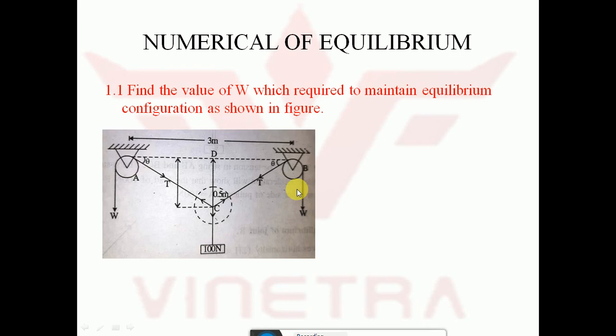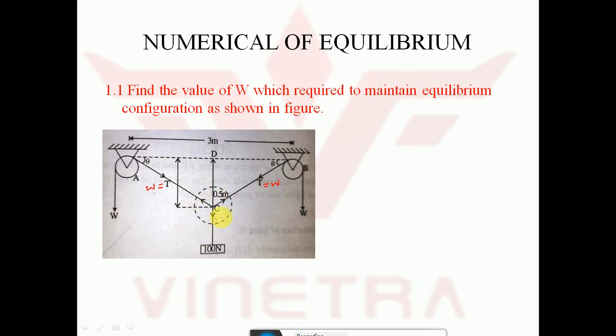That is the point explained in the earlier classes, so I can use that trick to solve this problem easily. Whatever the load is, it is transferred in terms of tension here. So I can take this tension as equal to W, and this tension is also equal to W.